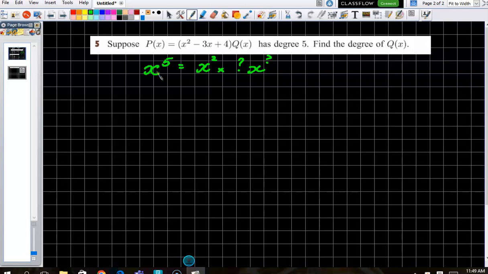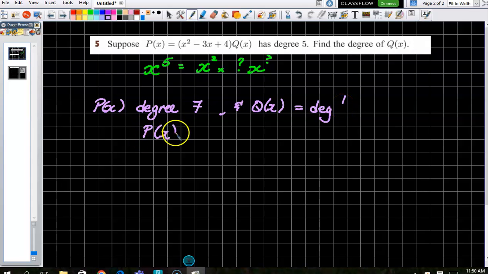So now, make this a new question. If I now say p of x has degree 7 and q of x has degree 1, what degree would this have to be?